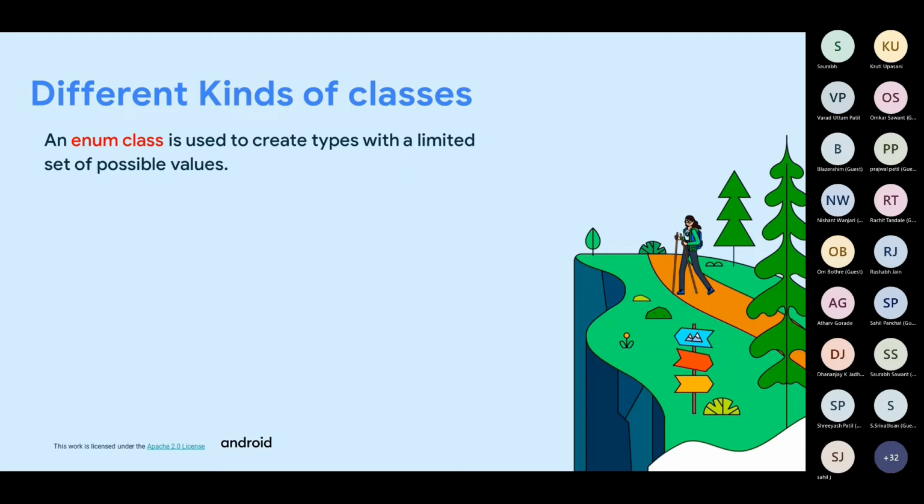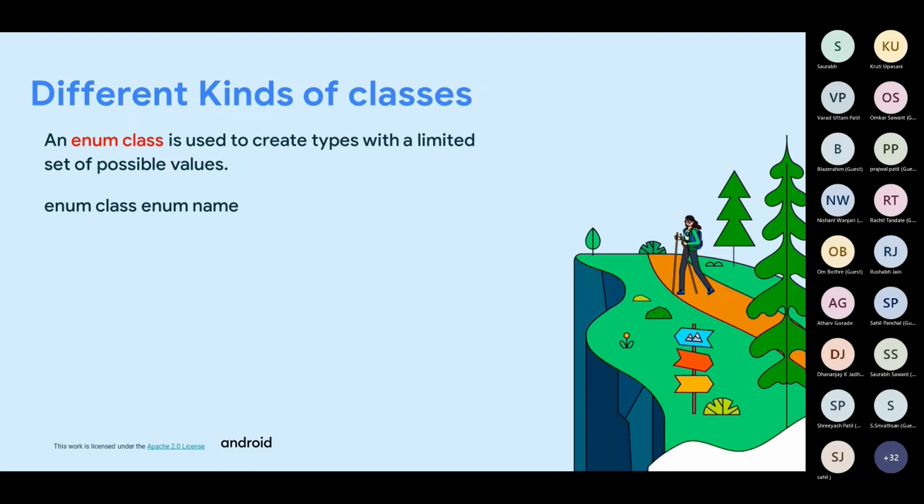If someone writes, say, summer, winter, or any other thing, we are accepting only the 4 directions as inputs. In that case, we can use an enum class in which we have a limited set of possible values. By saying limited set of possible values, we mean we already define the things that we can take as the possible values, and anything outside that set cannot be used.